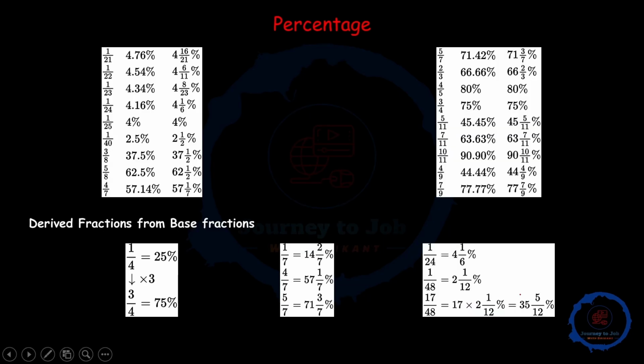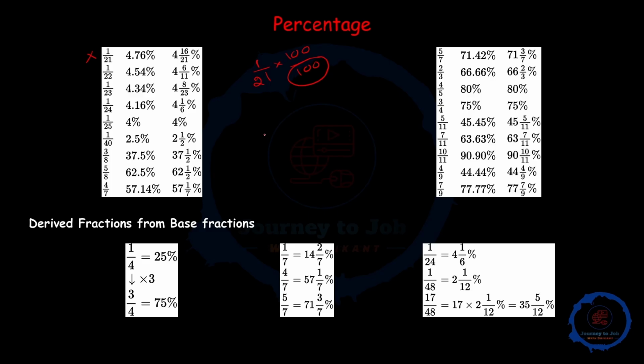Next 1 by 21. Suppose 1 by 21 is asked, no need to remember, you can solve there. Convert 1 by 21 into percentage, means just multiply by 100 by 100. So this is already 100, but you have to remove 21 here.